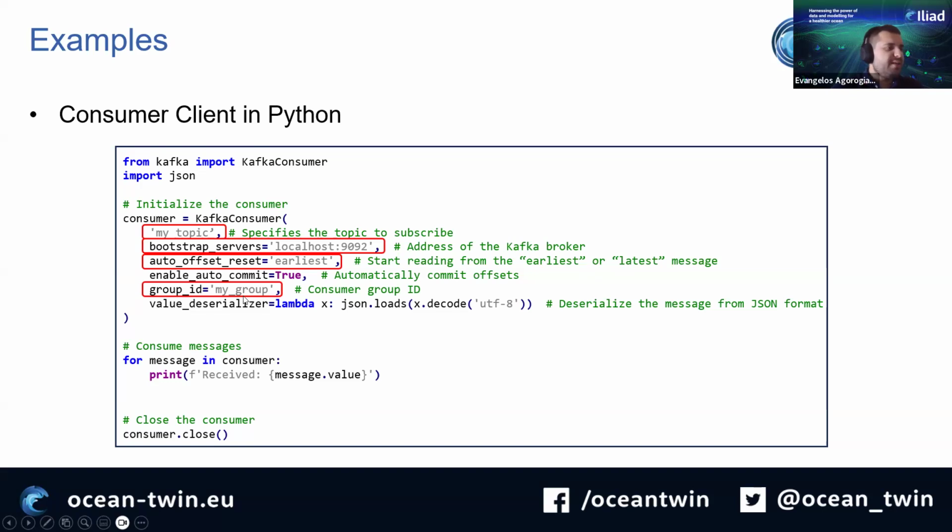We also have the group ID, which defines the consumer group to consume, and a configuration similar to the previous one for the producers: the value deserializer, which is used to deserialize the message. As mentioned earlier, messages are published in a byte array format, so we use these deserializers to convert the messages to a format that is familiar to us, like the JSON format that we're using here.